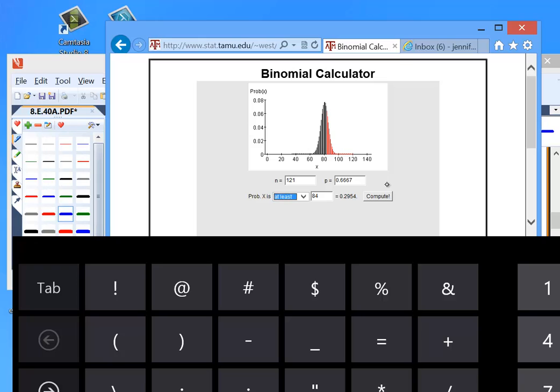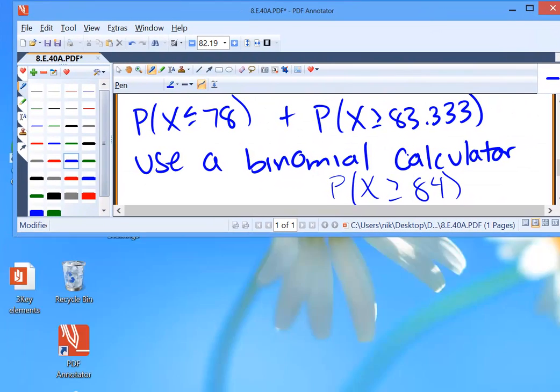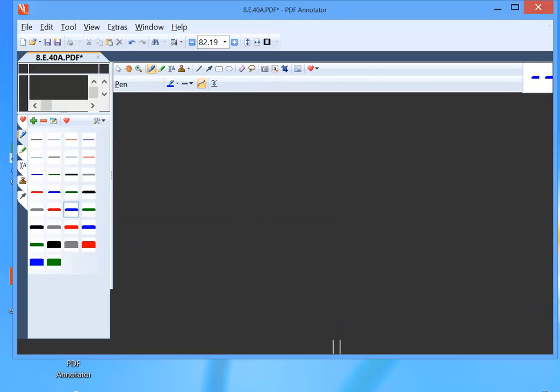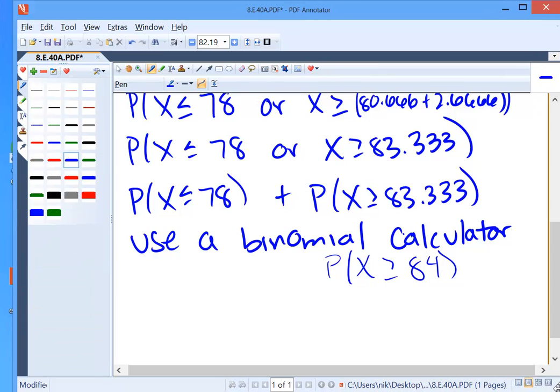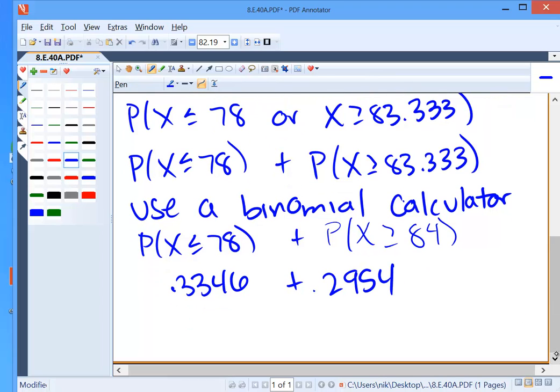Compute that, we get 0.2954. So let's go back to our problem. So we were looking for the probability that x was less than or equal to 78, plus the probability that x was greater than or equal to 84, which is 0.3346 plus 0.2954. Which gives me 0.63.